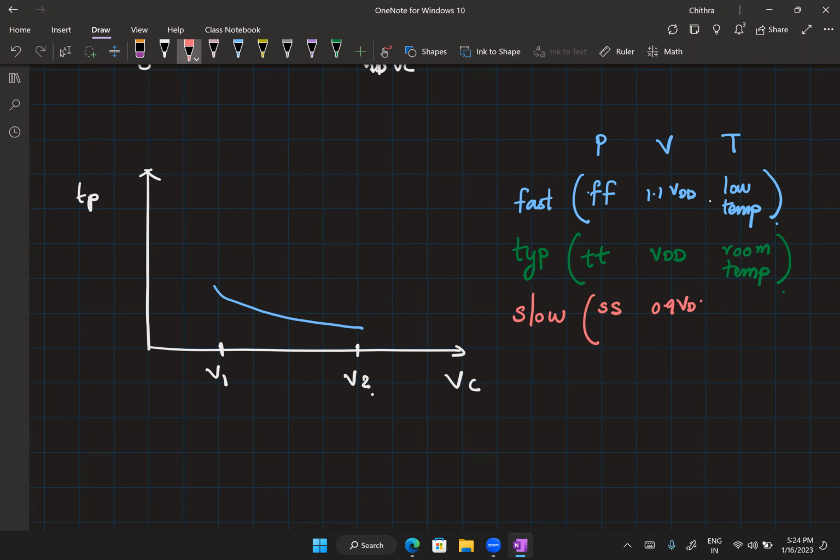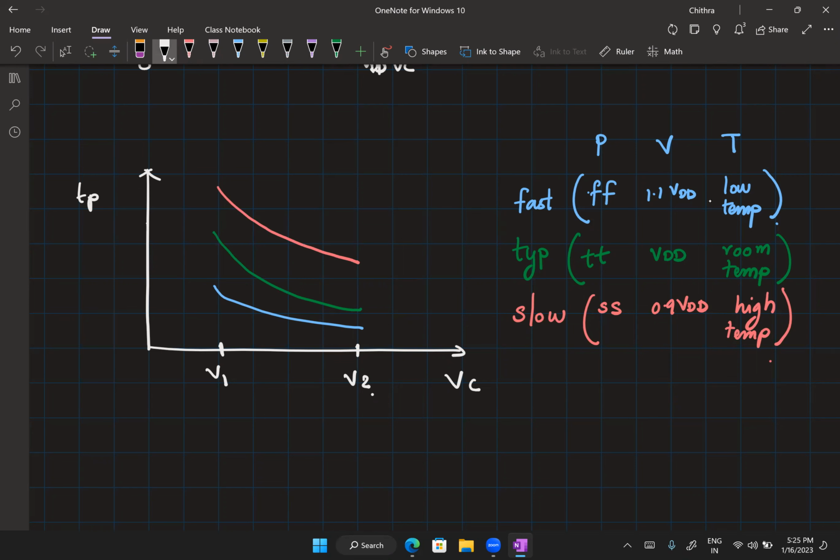Your supply voltage is a lower supply voltage, and you are simulating for the highest possible temperature, right? So now, as you go from fast to the typical, your curve is going to shift like this, right? Now, if you simulate for the slowest possible corner, it is going to look like this, right?